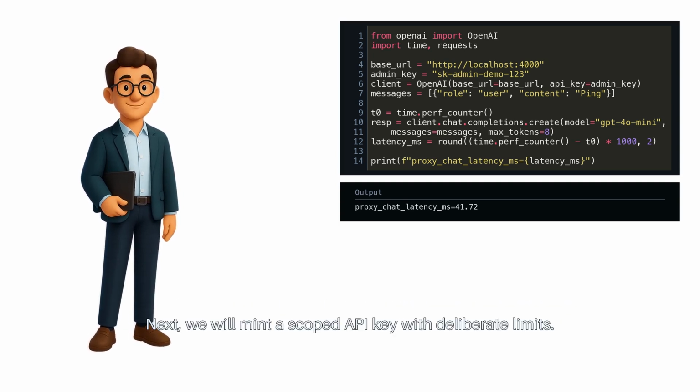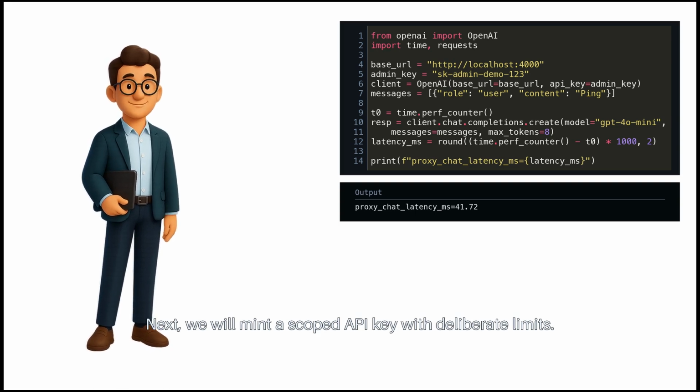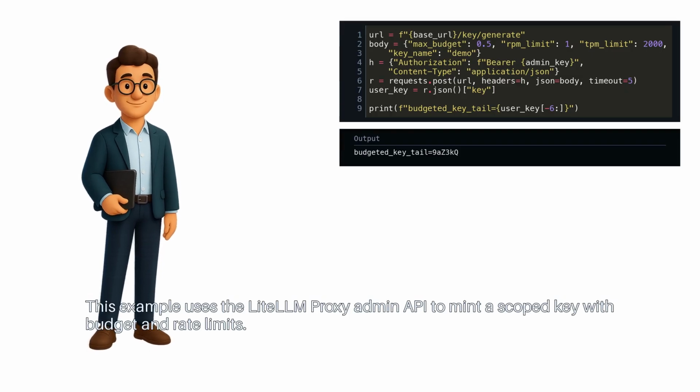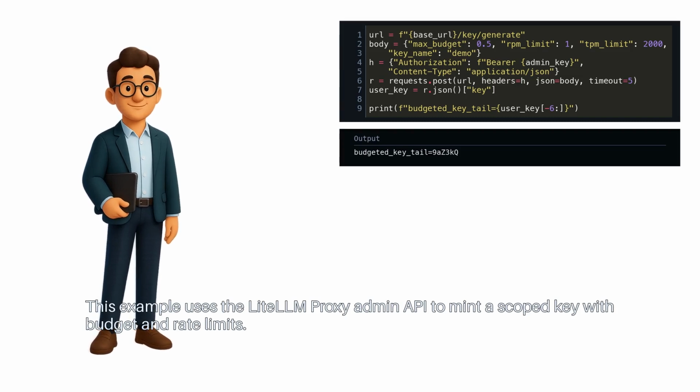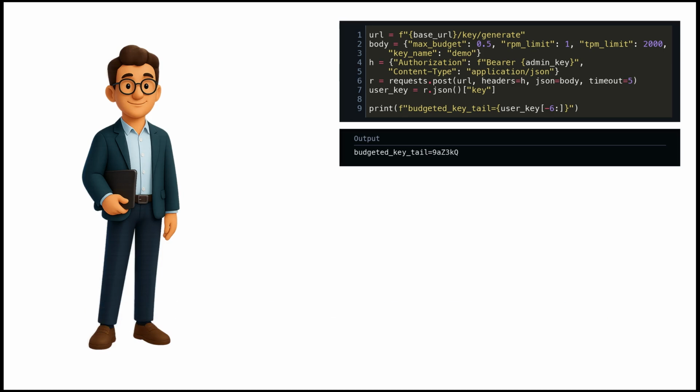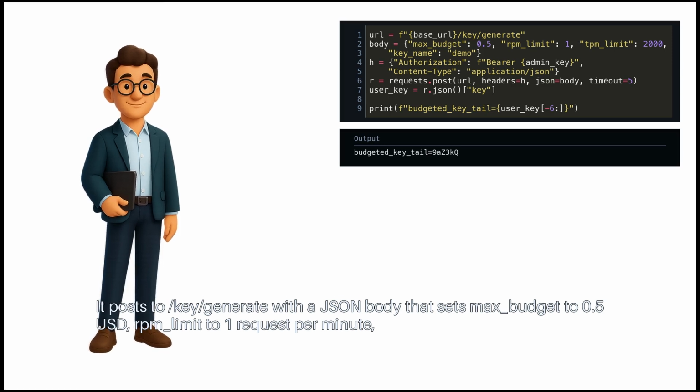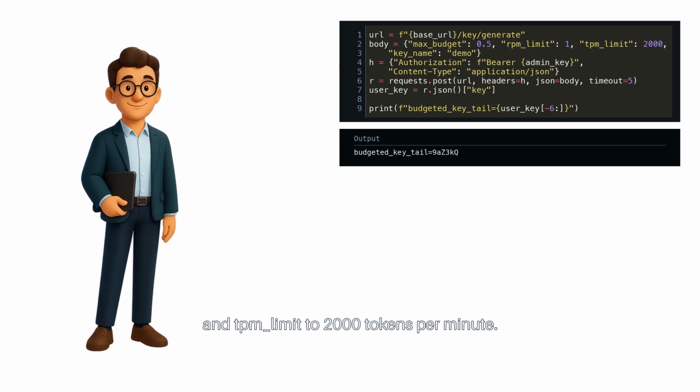Next, we will mint a scoped API key with deliberate limits. This example uses the LiteLLM Proxy Admin API to mint a scoped key with budget and rate limits. It posts to /key_generate with a JSON body that sets max budget to 0.5 USD, RPM limit to 1 request per minute, and TPM limit to 2,000 tokens per minute.